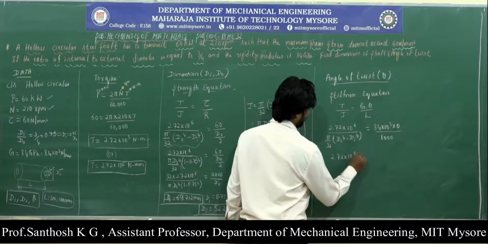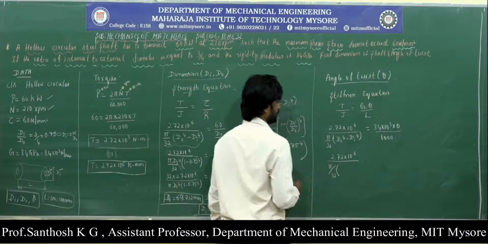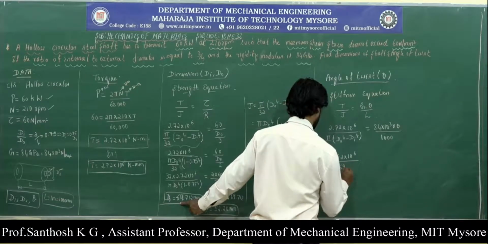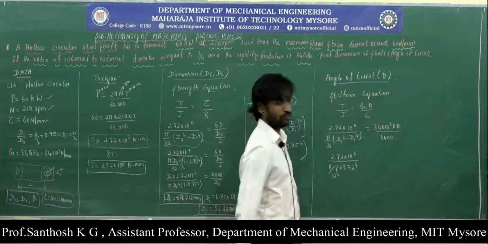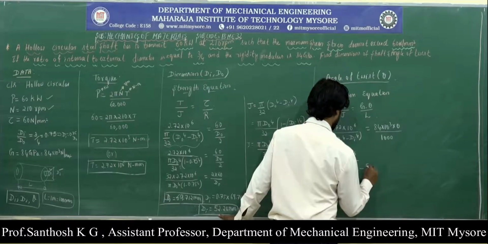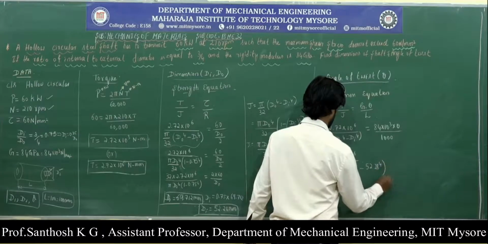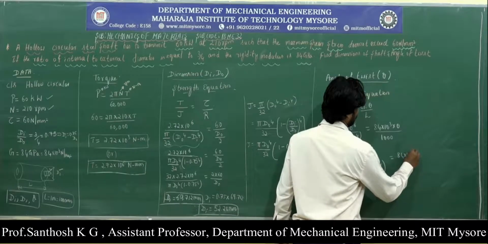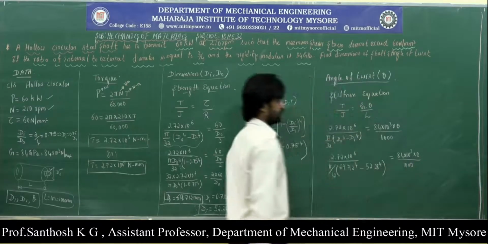2.72 into 10 to the power of 6 pi divided by 32. In place of d naught, we can write 69.712 to the power of 4 minus, in place of di, write 52.28 to the power of 4, equals 84 into 10 to the power of 3 into theta divided by 1000.